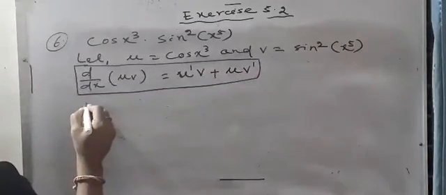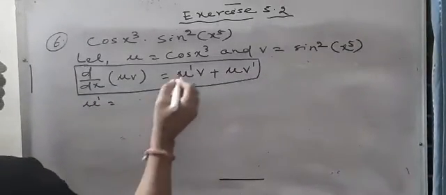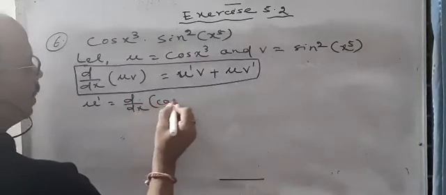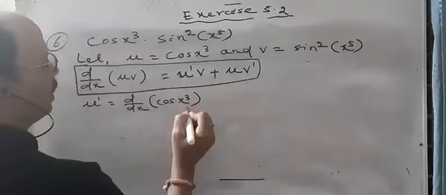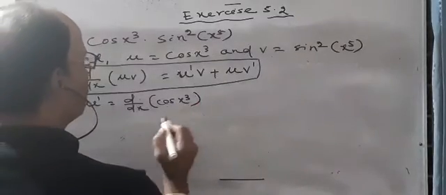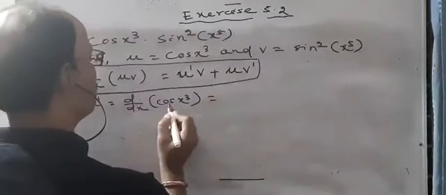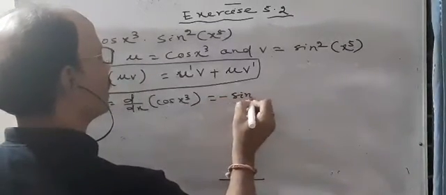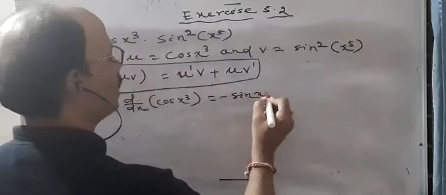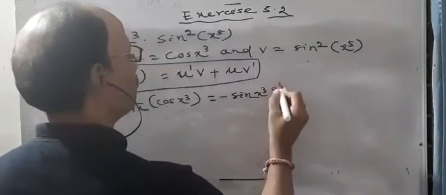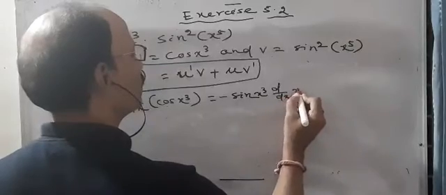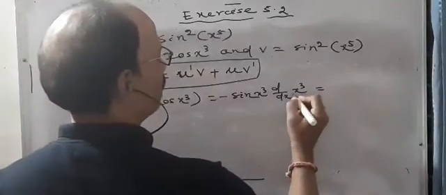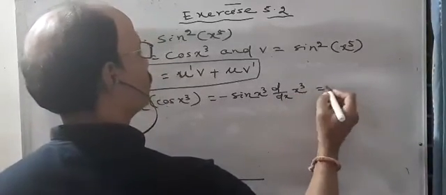So derivative of u is d dx of cos x cube. So x cube is theta, so it will be d dx of cos theta, which is minus sine theta, here it will be x cube, so minus sine x cube and d dx of x cube, which is 3x to the power 2.